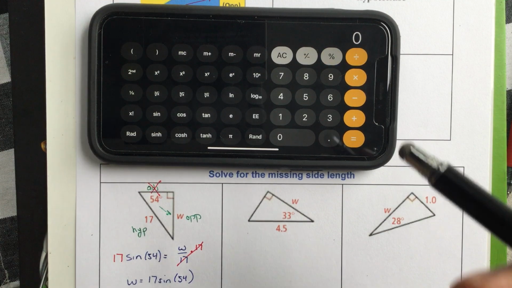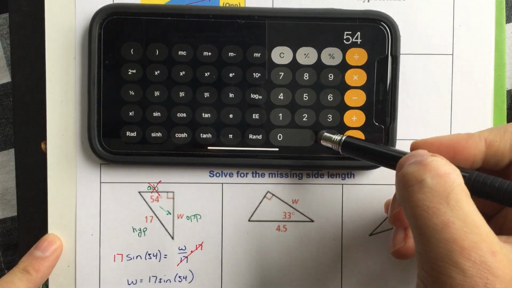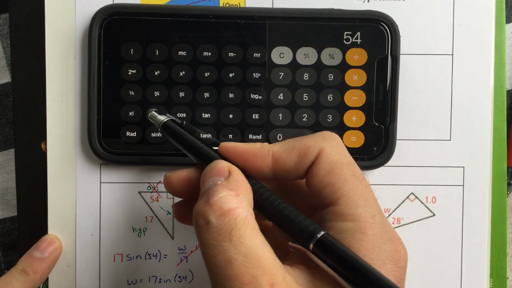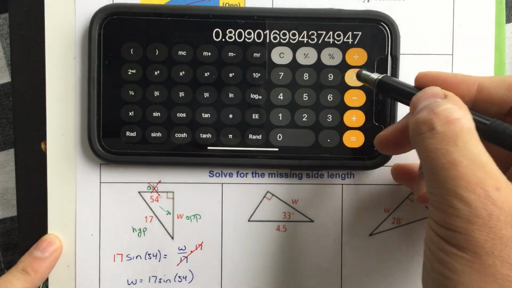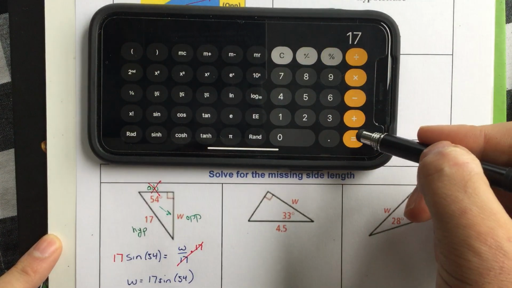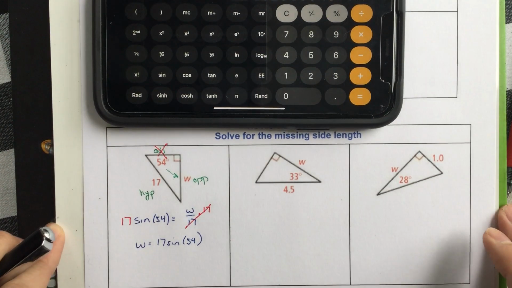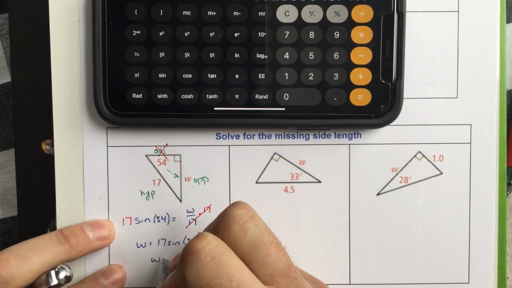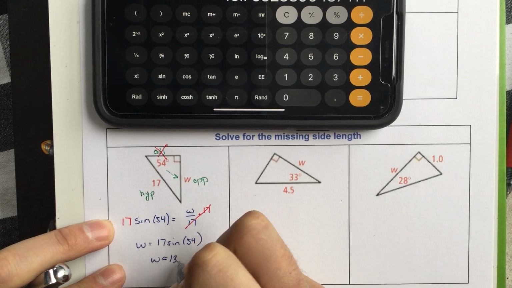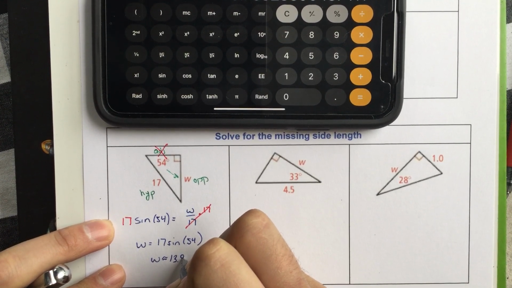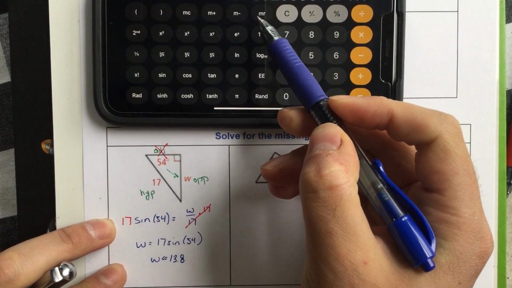I'm going to hit 54, hit the sine key, then multiply by 17. Our solution is about 13.8. W is about 13.8 because we're rounding up.